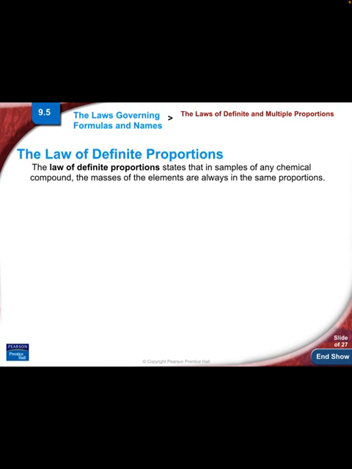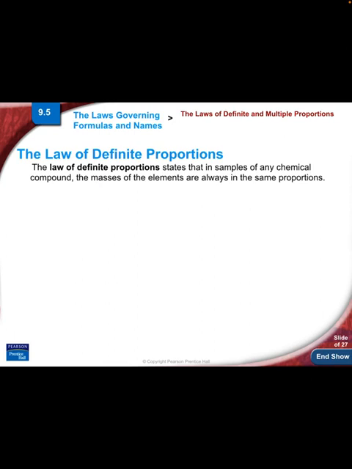If I have a sample of sodium chloride, it doesn't matter whether I'm in the United States or in China or in Africa, in any part of the world, when we have what we agree to in the International Union of Pure and Applied Chemistry that controls naming and formulas and units and measurements as well, but in this case, naming and formulas, when we say sodium chloride, it means the same thing all around the world.